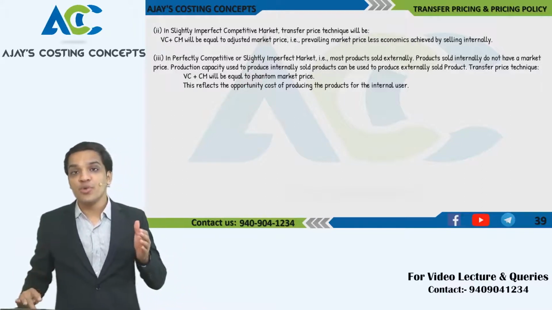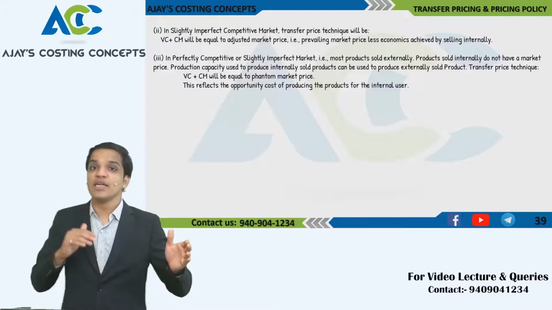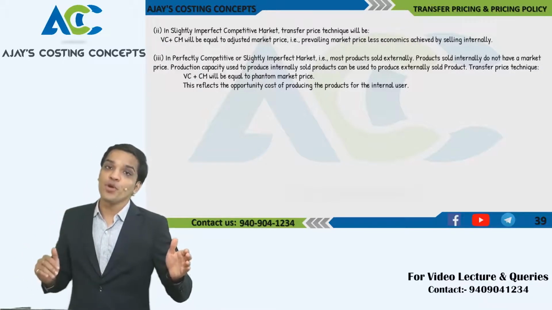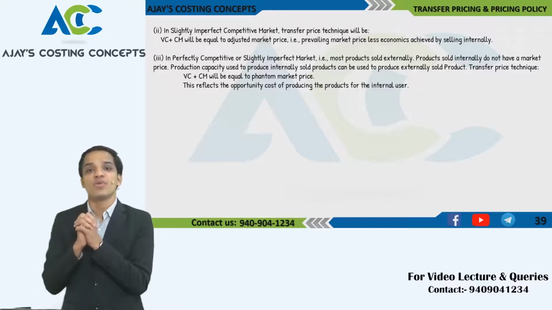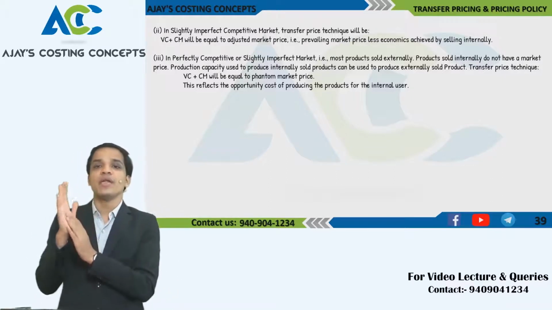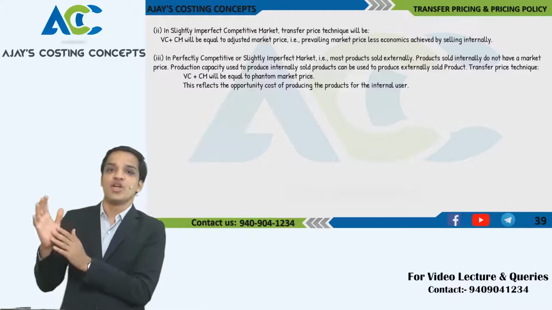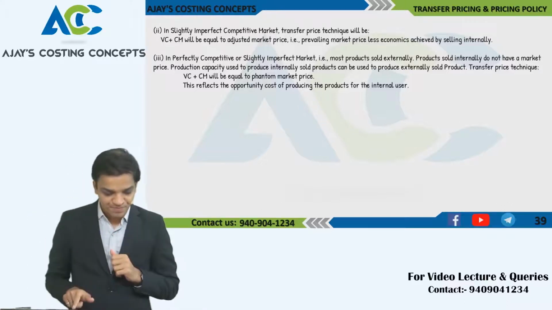So if you decide to produce A, that means you're not producing B, and you're losing the market of B. That is the reason why it is a price where variable cost plus contribution margin of B is to be considered.